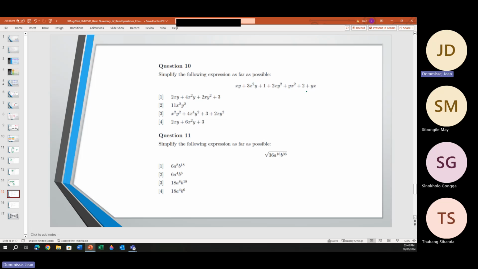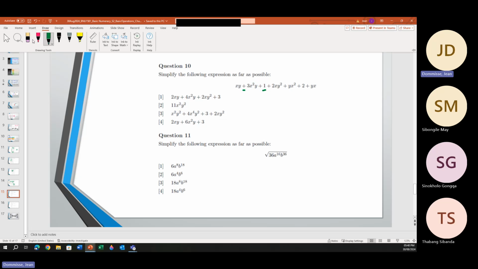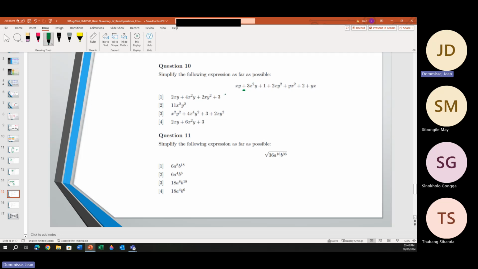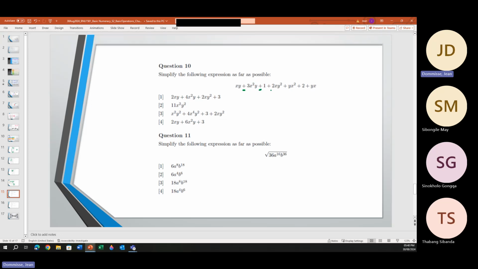If it was multiplication, we could have multiplied everything together, but because we are adding, let me just move that to under the plus sign. We are only allowed to add the things that are similar.